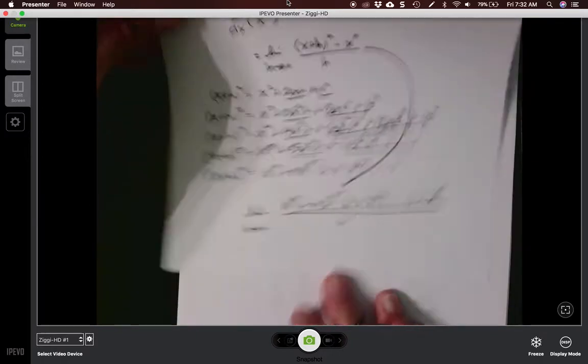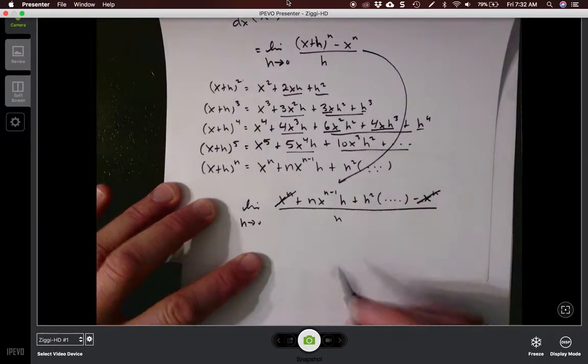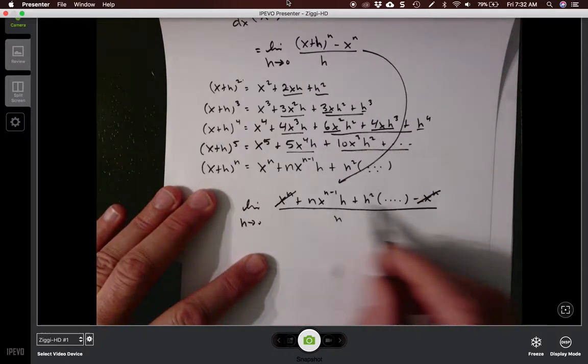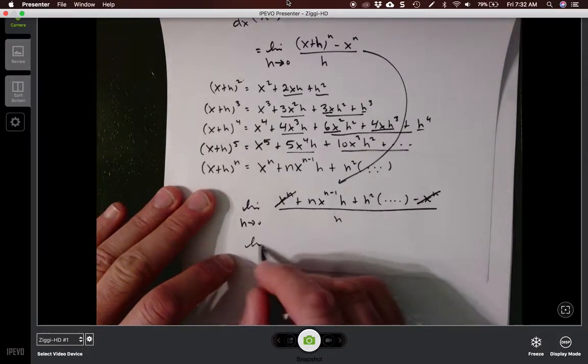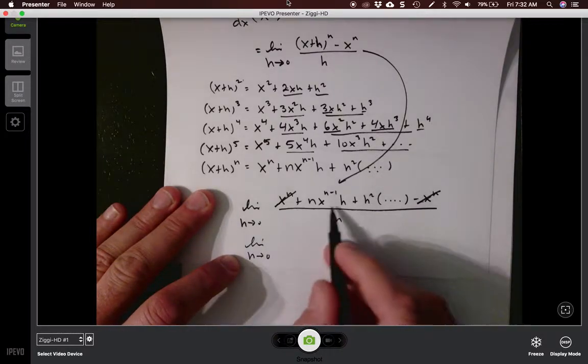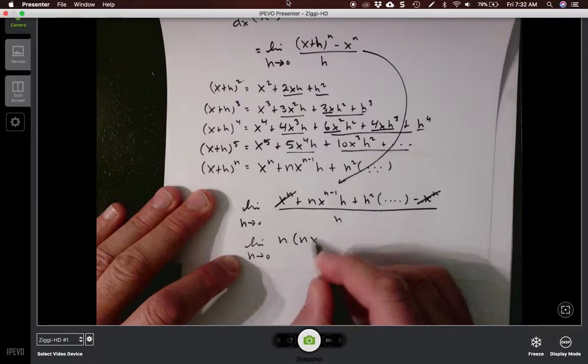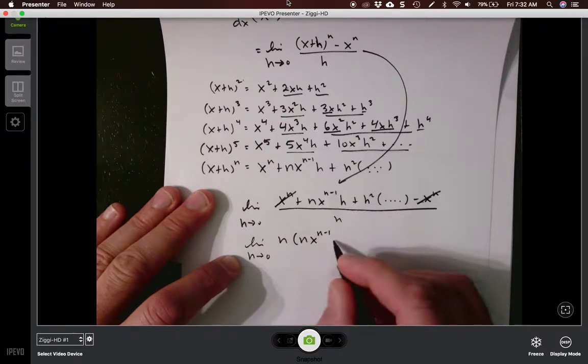Okay, so we're going to end up with a similar thing happening here that's happened before, and that is these are going to cancel out. And then if you notice, everything that's left in here is going to have an h in it. And so you're going to get the limit as h goes to 0. If you take an h out of here, you're going to be left with nx to the n minus 1.